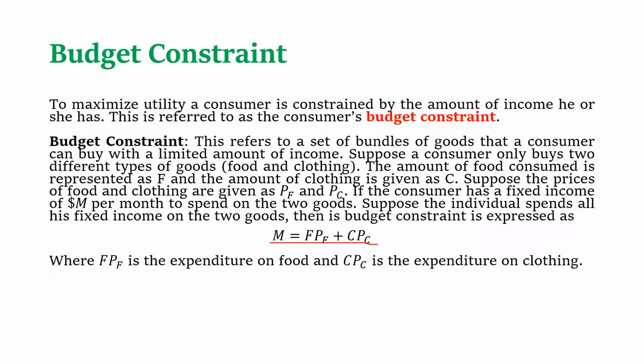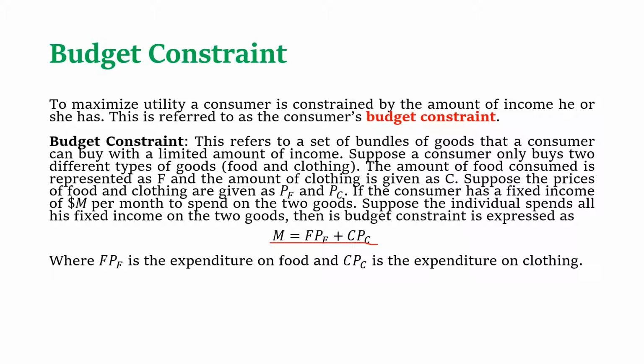So the individual consumer here spends all his fixed income on these two goods, assuming that these are the only goods that he is going to buy or that he is going to spend his money on. So this is the budget line, which is a straight line.